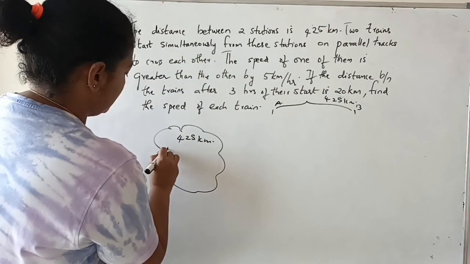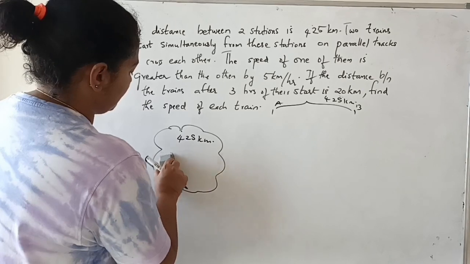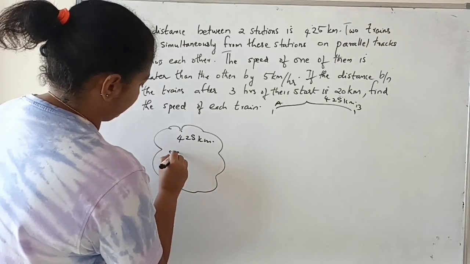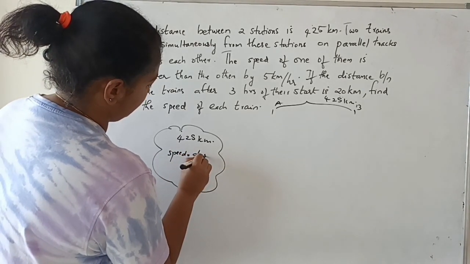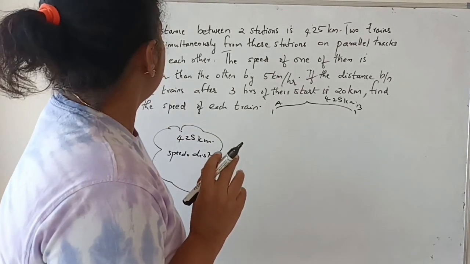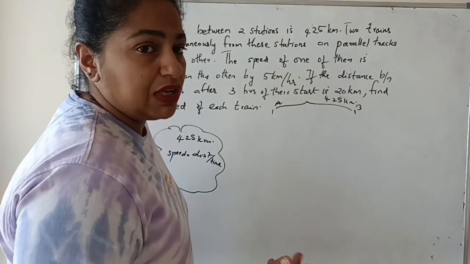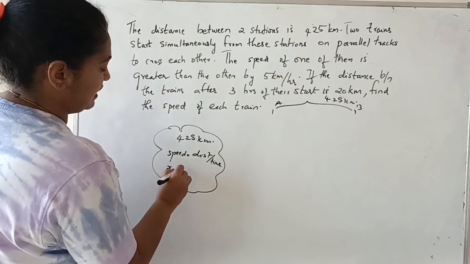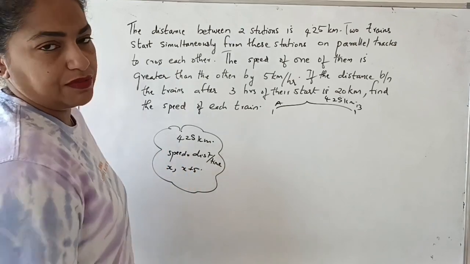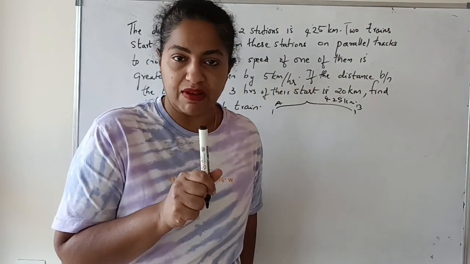So I know that speed is equal to distance by time. Okay. Now it is given that the speed of one of them is greater than the other by 5 km per hour. So I can take the speed as x and x plus 5. One train travels at a speed of x and the other train travels at a speed of x plus 5.